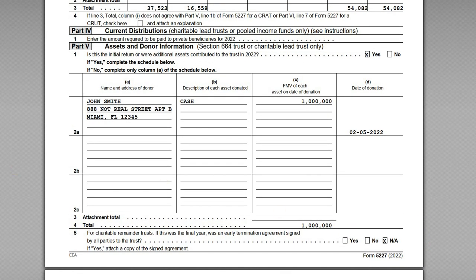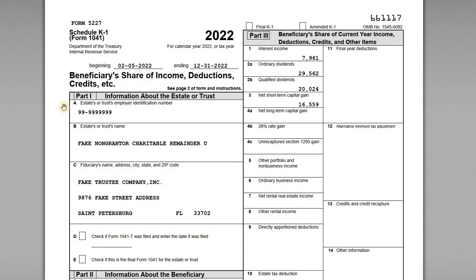All right. Now, on to the K-1. The K-1, again, is very important to distribute to the income beneficiary because they need to know, if they received a payment of cash or property, to what extent is that income versus principal? And then, more importantly, if it is income, what is the character of the income being distributed to them?